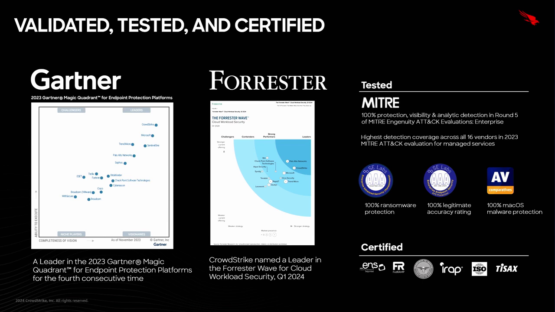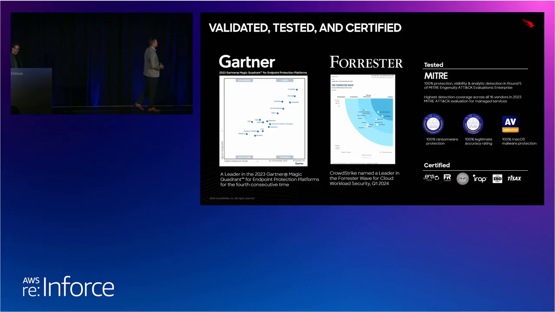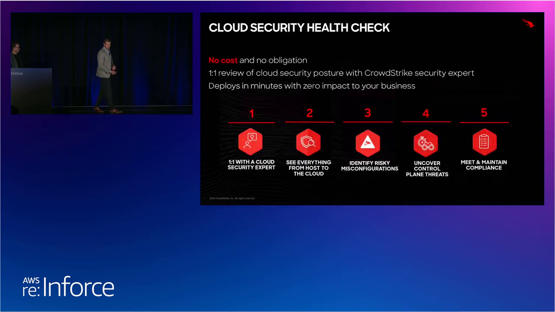We've also gone through tests with these third parties. We scored 100% on the MITRE Engenuity ATT&CK evaluation, and it speaks volumes to how we're able to protect organizations today.